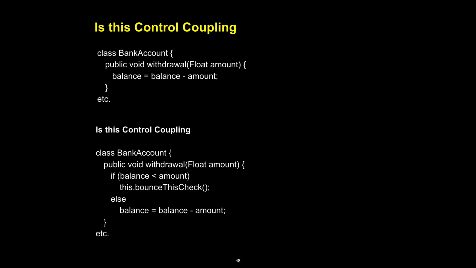Hard coding is bad, but also the intent here is just to do a withdrawal, and there are different situations that can occur, and you have to handle them all. That's not the same thing as passing in a 1 to do this and passing a 2 to make it do that.